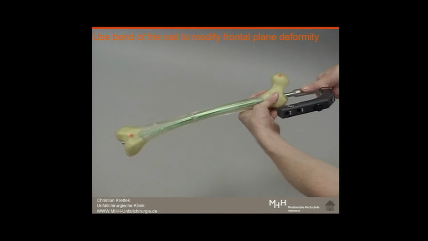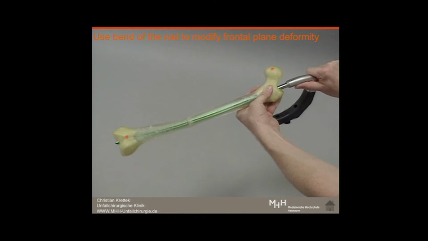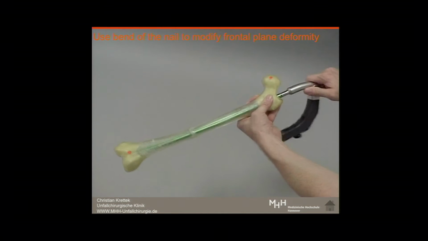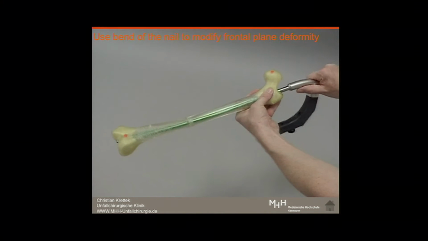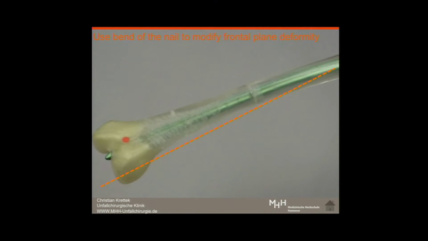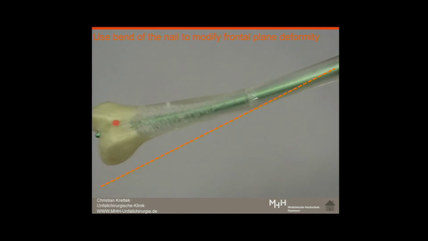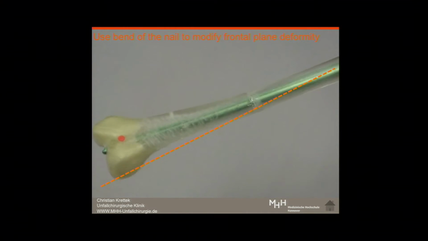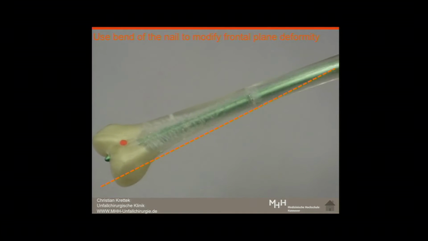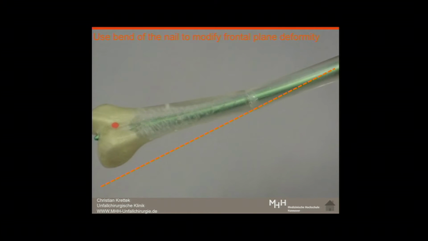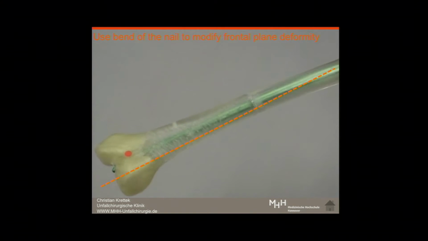If we have a more diaphyseal fracture situation, just by rotating, we can address small amounts of frontal plane deformity. And here more in detail, we see that just rotation of the nail changes the frontal plane alignment. So just make sure the locking bolts are out of the patient before you rotate the system.